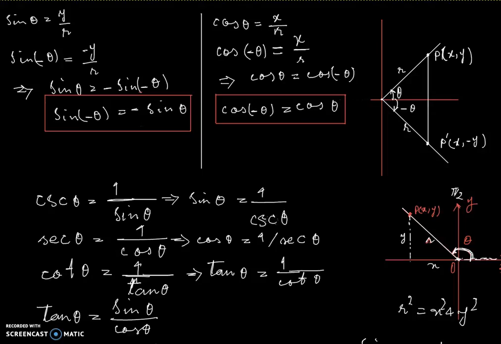And the reason for that is, let me write this down one more time. We said that sine minus theta is equal to minus sine theta, and cos minus theta is equal to cos theta.